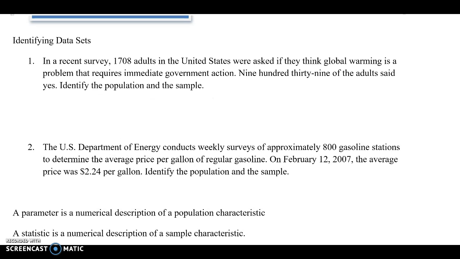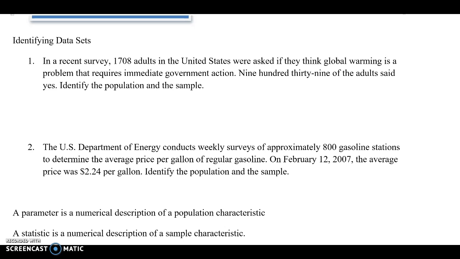Identifying data sets. With these two examples, we want to describe what the population is and what the sample is. Number one, in a recent survey, 1,708 adults in the US were asked if they think global warming is a problem that requires immediate government action. 939 of the adults said yes.